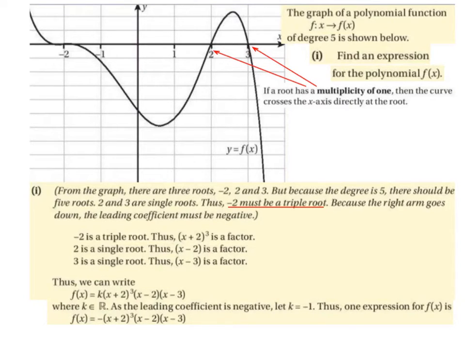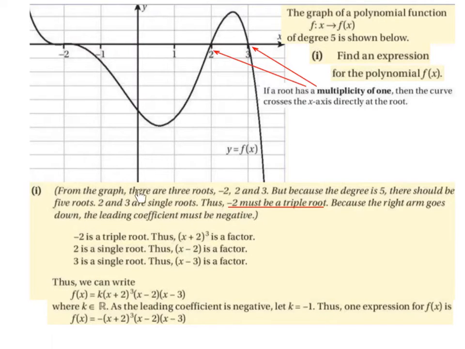So it's important to note first of all that if a root has a multiplicity of 1, then the curve crosses the x-axis directly at the root. So notice that our curve crosses directly at 3 and at 2 also. And notice that it crosses at -2, but that it levels off and there's a bit of a kink.